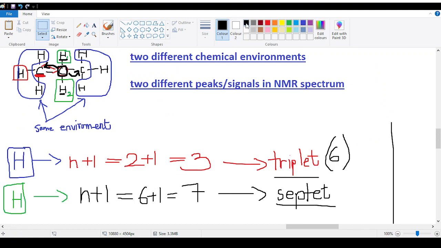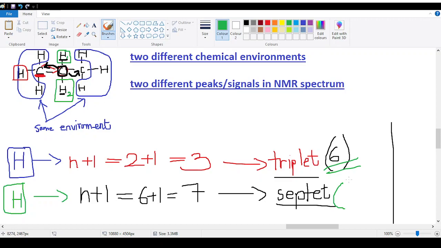So for the triplet, we know that there are six hydrogens which are responsible for this triplet. How many hydrogens are responsible for the septet? Which hydrogen atoms did we actually consider when trying to figure out the septet pattern? The ones that are green colored, right? In the actual molecule, the hydrogen atoms that are green circled, those hydrogen atoms we have considered.